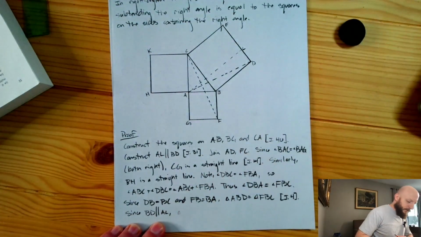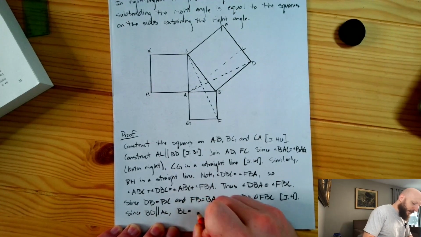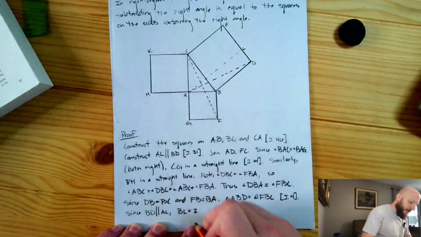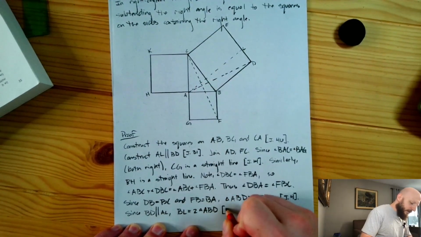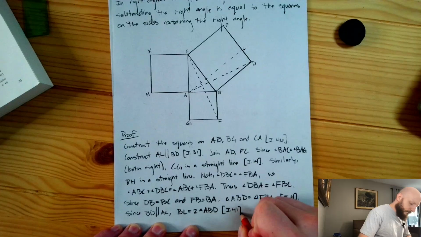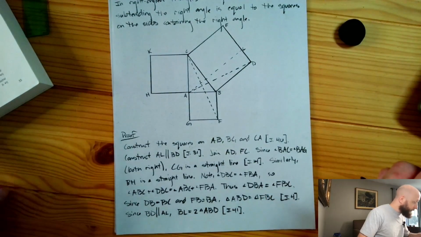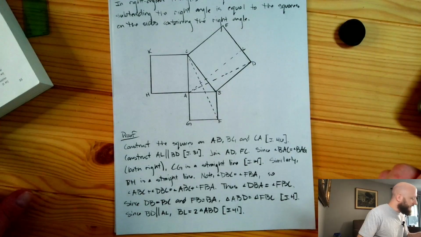Okay. BL, it's a parallelogram, is 2 times triangle ABD. And what proposition was that? 41. Yeah, so the parallelogram BL is double the triangle ABD because they have the same base.